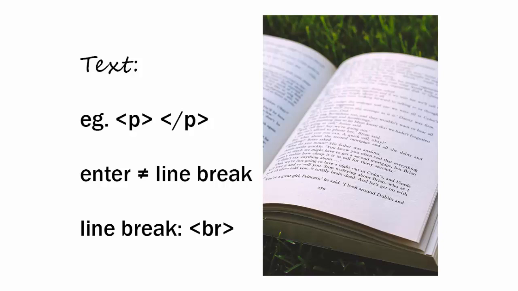It has to be coded using the break tag. This is one of those tags that are the exception, because it does not operate in pairs. Do take note that in older versions of HTML, the break line tag is written with a backslash in front of it.